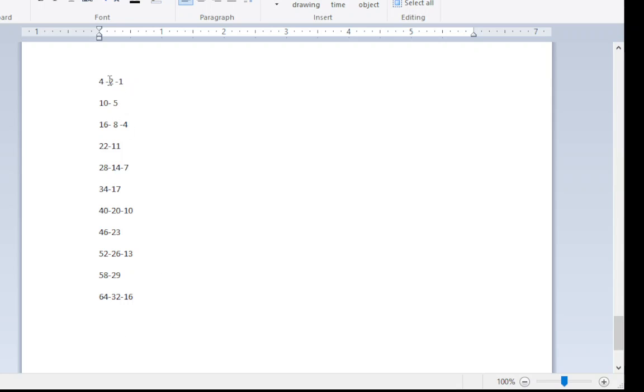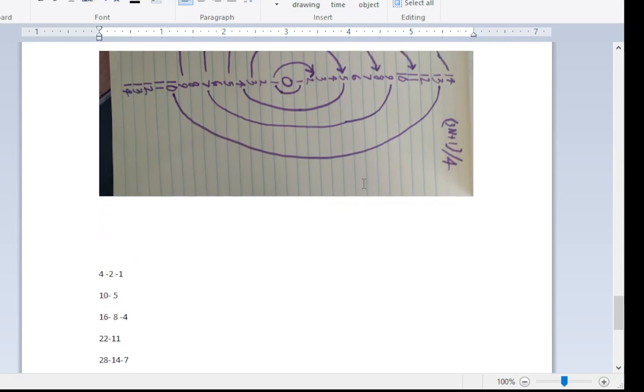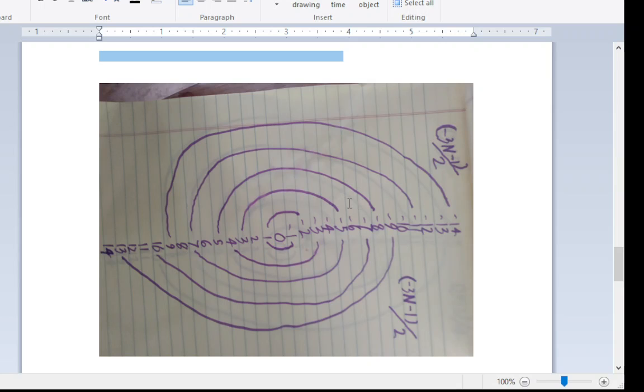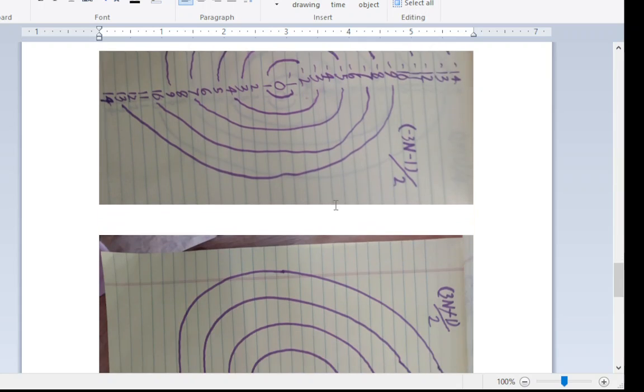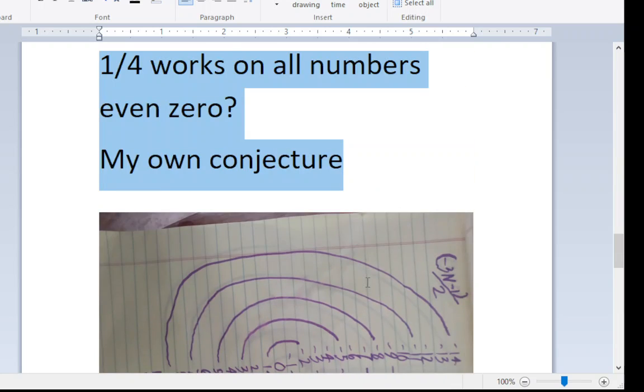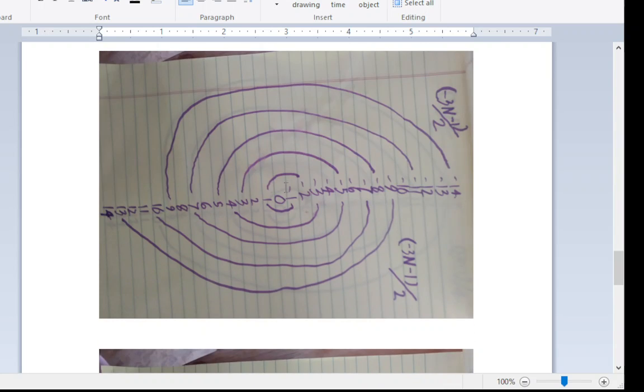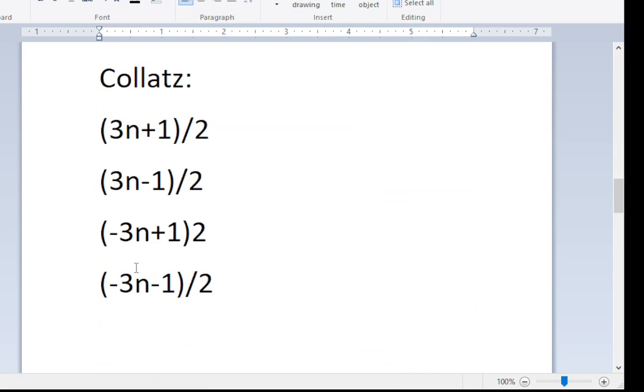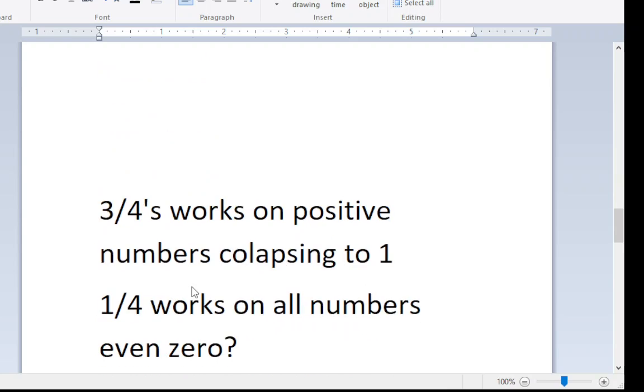And then for this side it is 2, 5, 8, 11, 14, 17. And that's what's happening on both of these. This is for the positive normal way, and this is for my version of negative 3n minus 1 divided by 2.